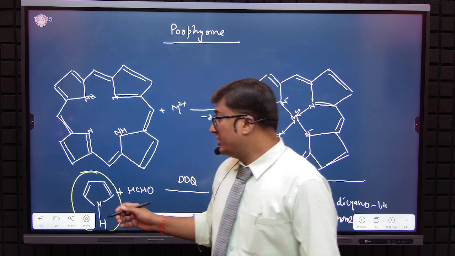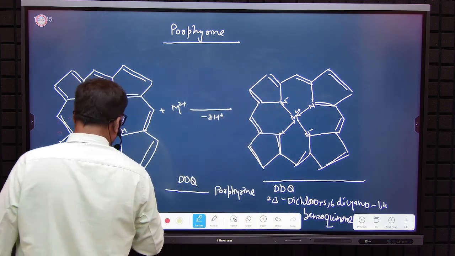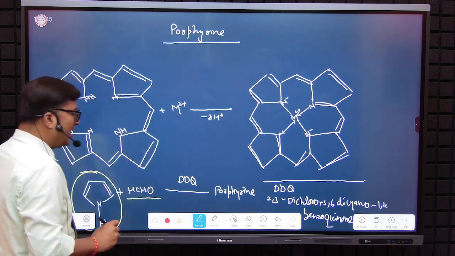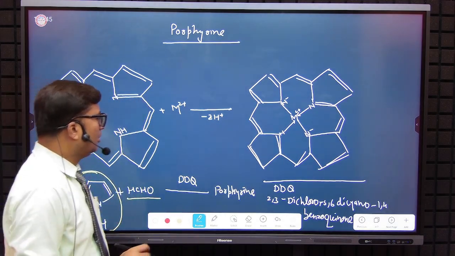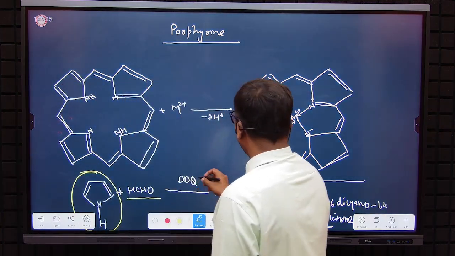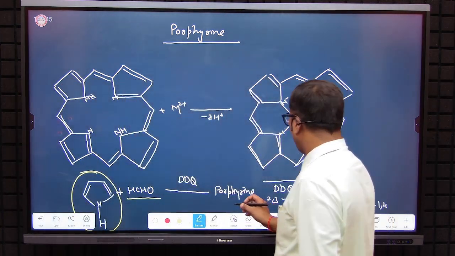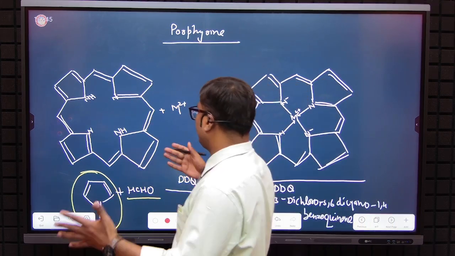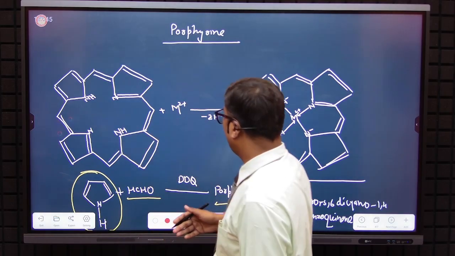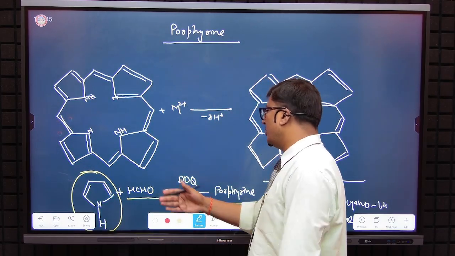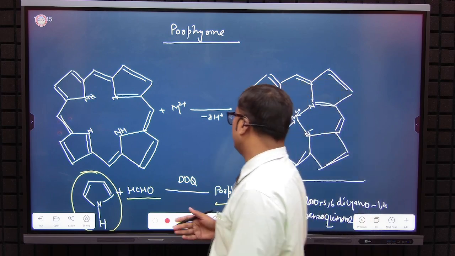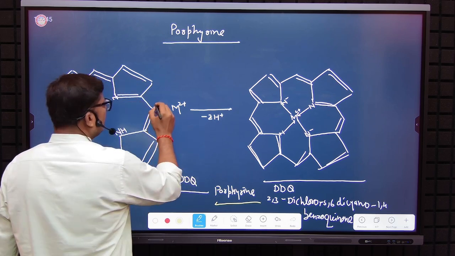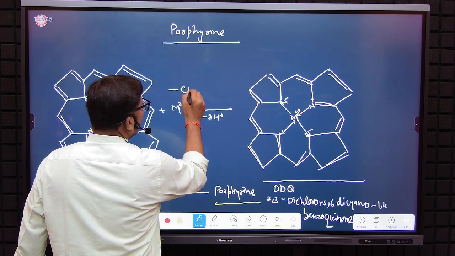Okay, so this heterocyclic pyrrole, once it reacts with formaldehyde, that is HCHO, in the presence of DDQ, forms porphyrin, right? Because of the condensation of a number of pyrrole units with this particular CH, right?